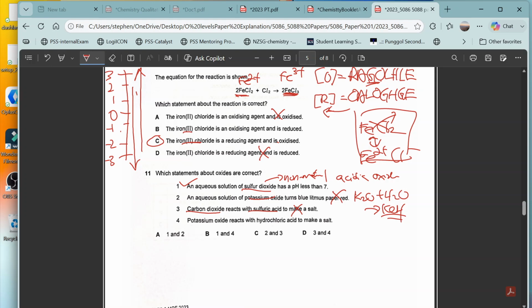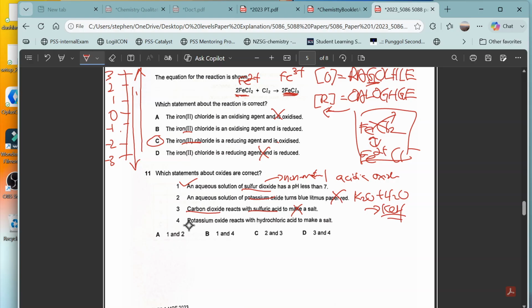Similarly, a basic oxide will not react with a base, an alkali in this case, to give you a salt and water. Same nature, you will not have any product. So does potassium oxide react?